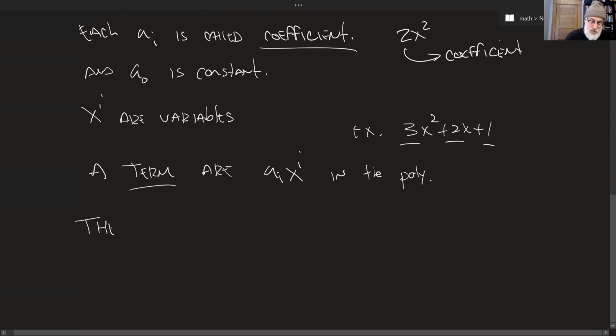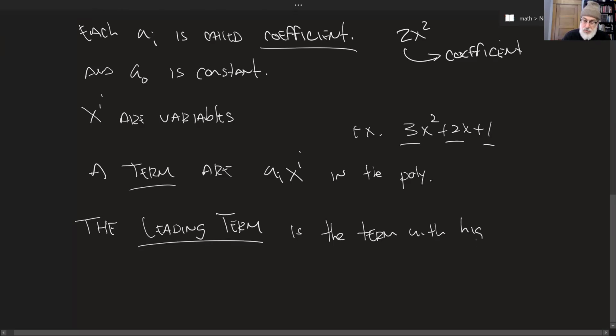The leading coefficient or leading term is the term with the highest degree, the highest power.